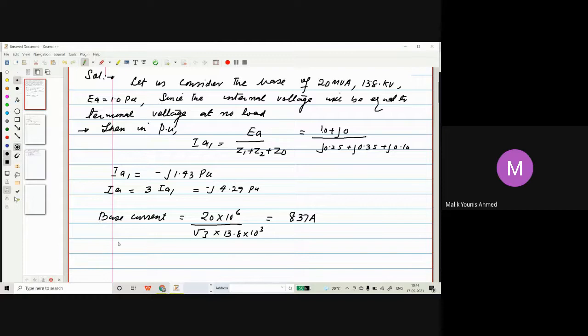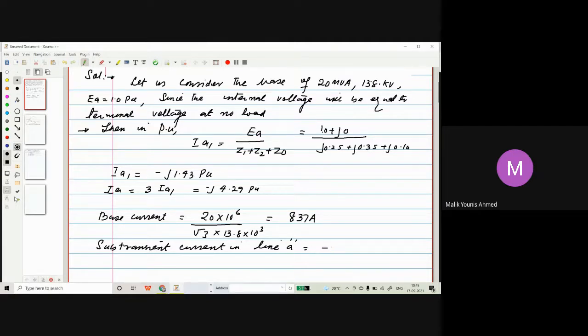So what is the actual value of the subtransient current in line A, this IA? So this is the base value, this is the per unit value. That means per unit value multiplied by the base value.